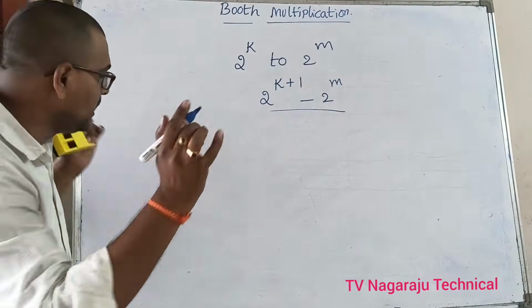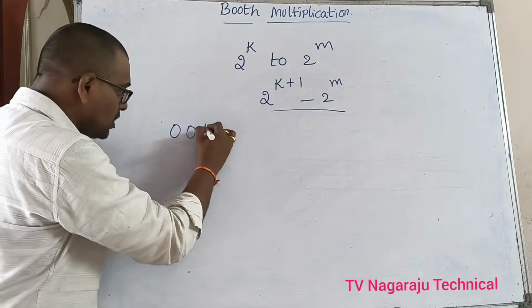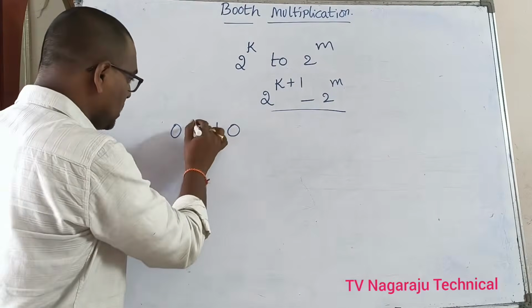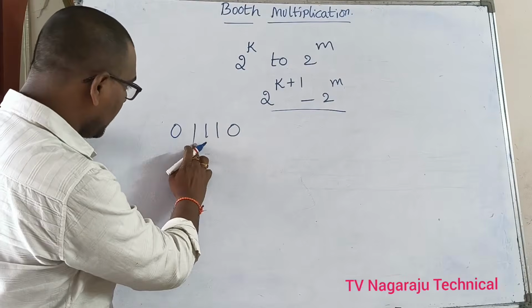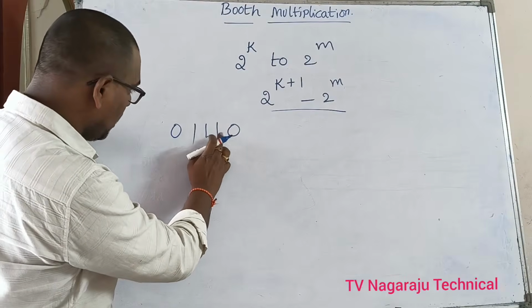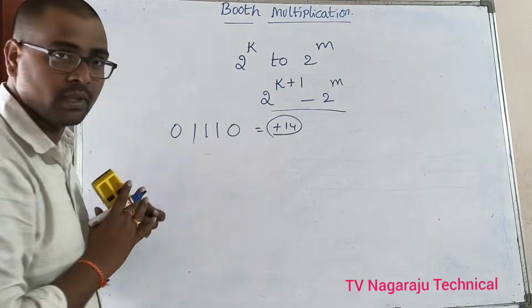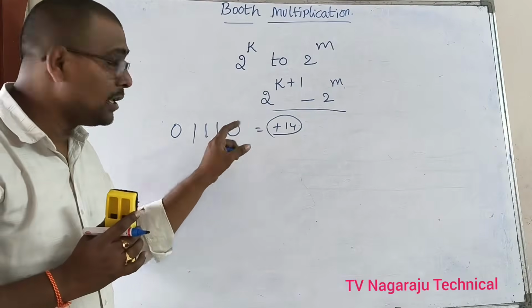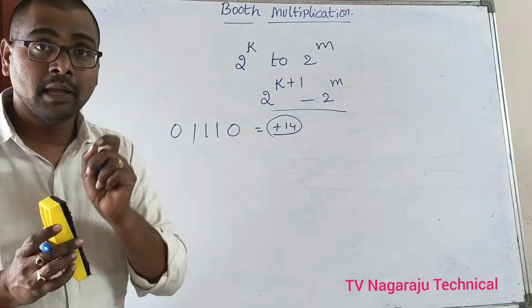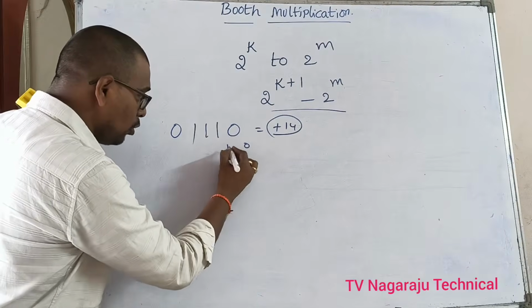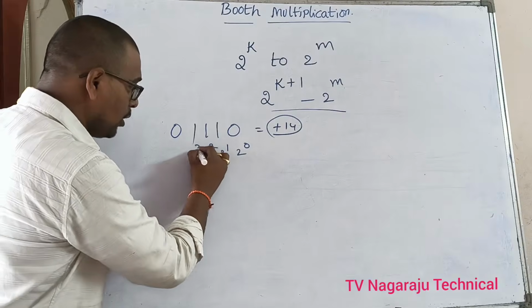For understanding, take one example. Suppose 01110. Now, what is this number? Take the 3 ones: 8 plus 4, 12; 12 plus 2, 14. So this is the number 14. Assume this is the multiplier. Now, where do the strings of ones occur? 2^0, 2^1, 2^2, 2^3.